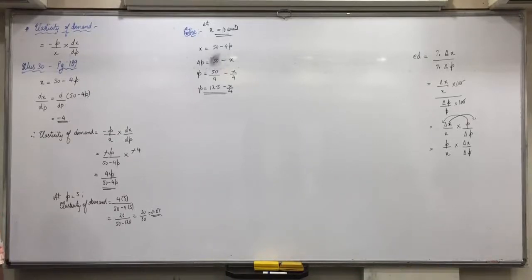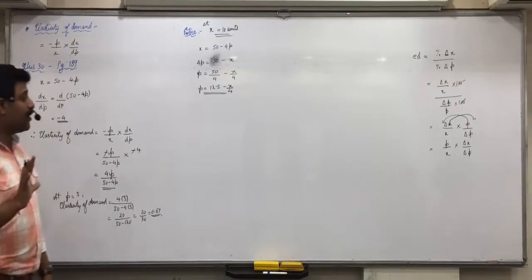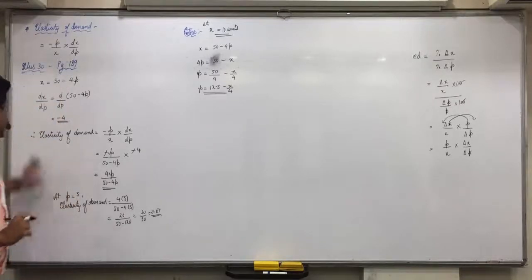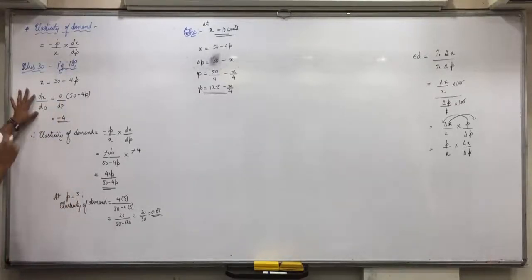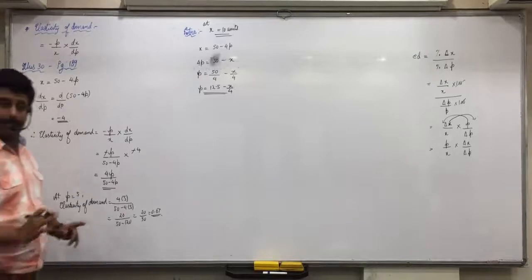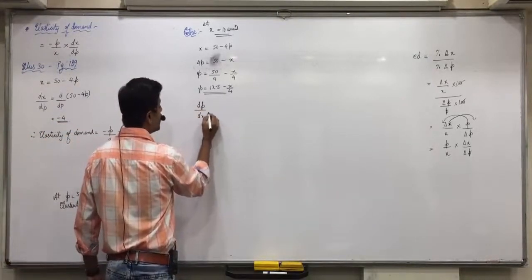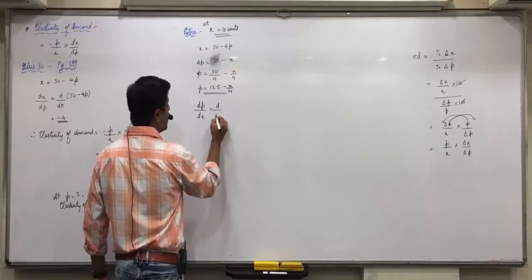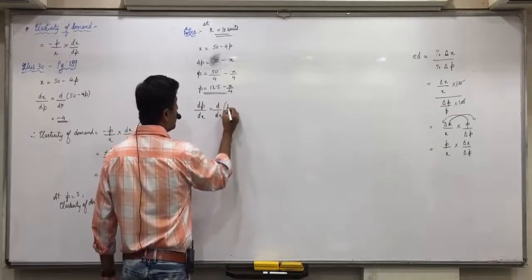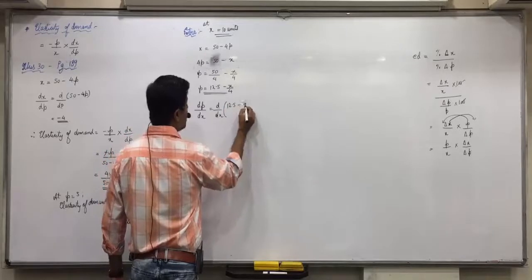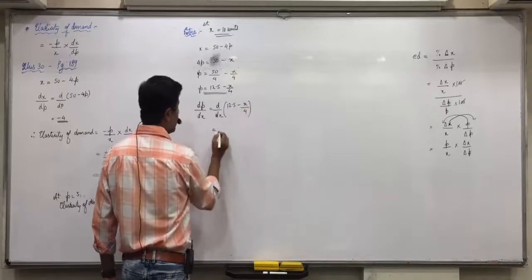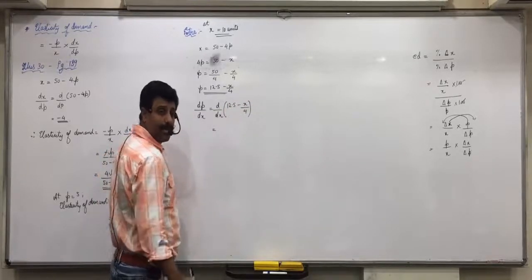Okay. Now we will apply the formula. First we have to find dx upon dp, but we cannot find that directly because we have p in terms of x. Can we find dp upon dx or not? We'll find that and reverse it. We'll find dp upon dx: d upon dx of 12.5 minus x upon 4. 12.5 becomes 0.